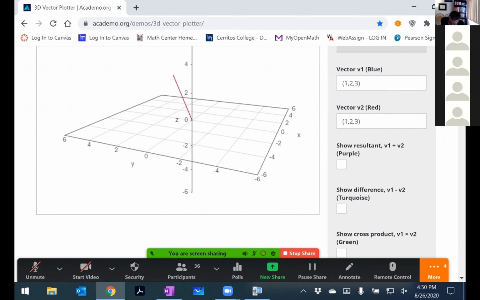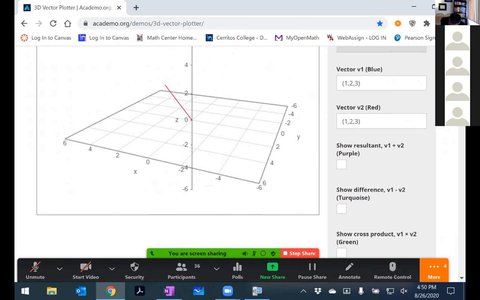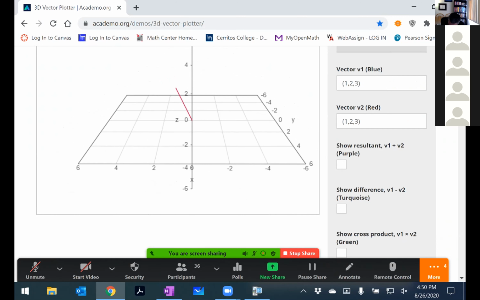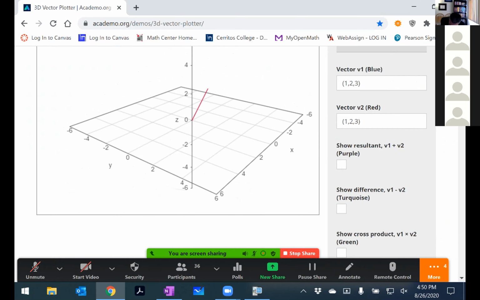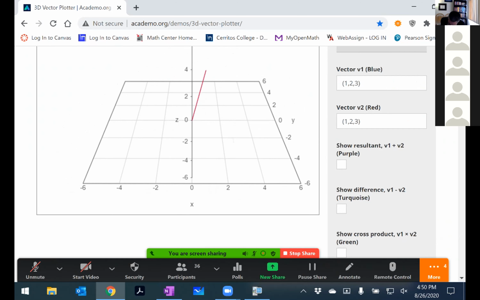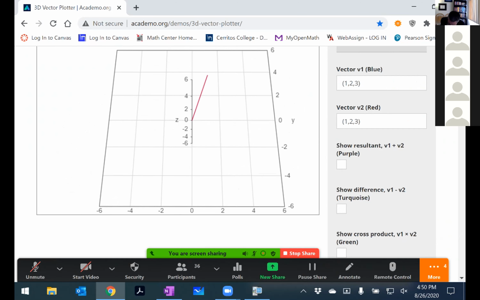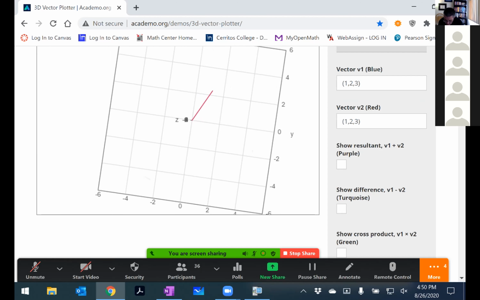Okay, so this is just your 3D plotting. So your X's, and then your Y's, and then your Z's, right? So X's, Y's, and Z's. So here we go. Boom, just like that. Okay, so if I wanted to do the X's and the Y's, the Z is coming out at me right now.